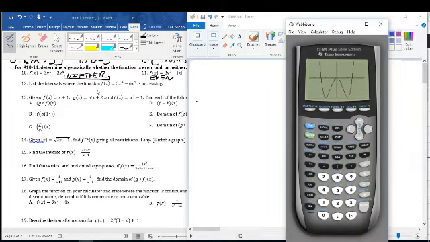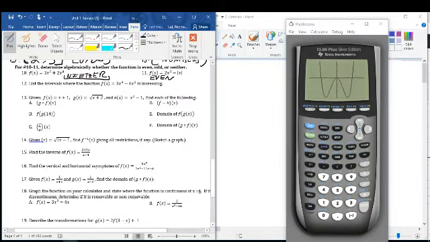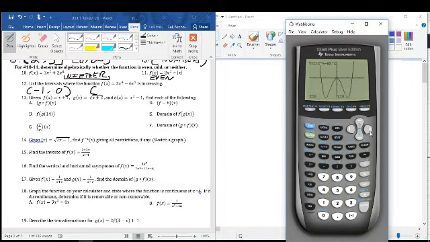So we can say that's increasing from -1 to 0, and then from, oh, sorry, that's 1.5. We can use the trace button.